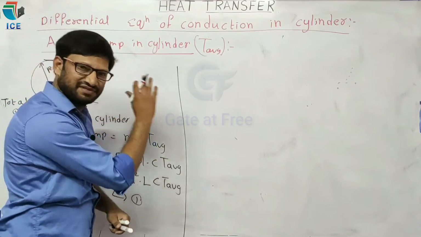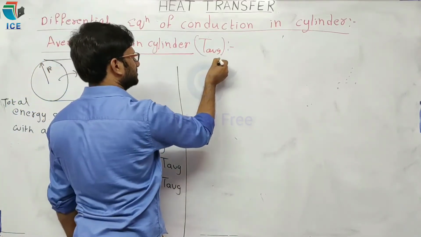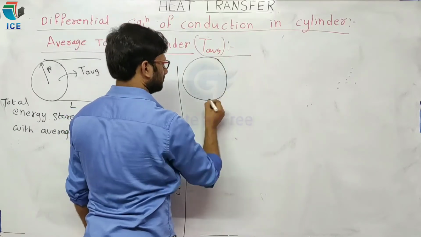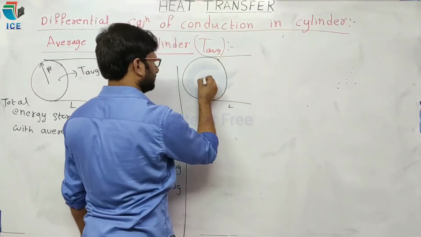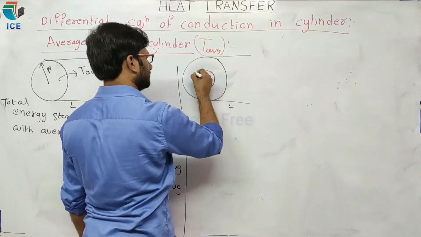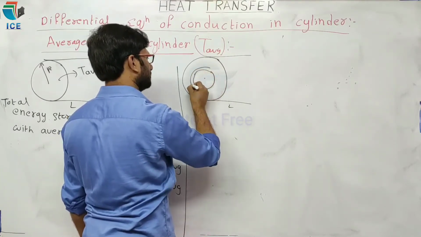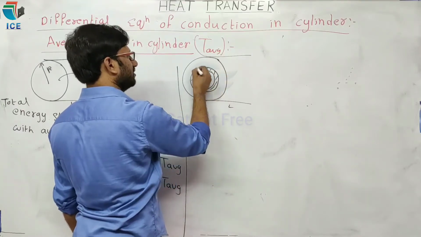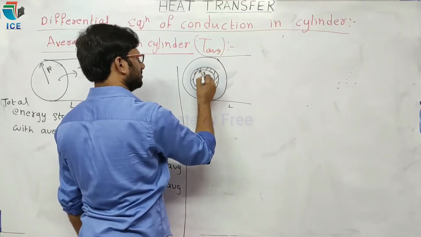Now consider the same cylinder, same dimensions, same length. Now let us do analysis in a small cylindrical ring at a radius r.